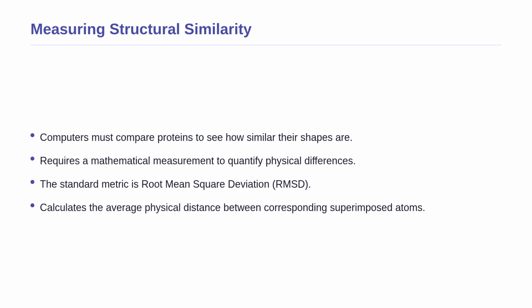We use a mathematical measurement called the root mean square deviation, or RMSD. This metric calculates the average physical distance between the corresponding atoms of two superimposed proteins. Understanding RMSD is absolutely essential for anyone working in computational biology.